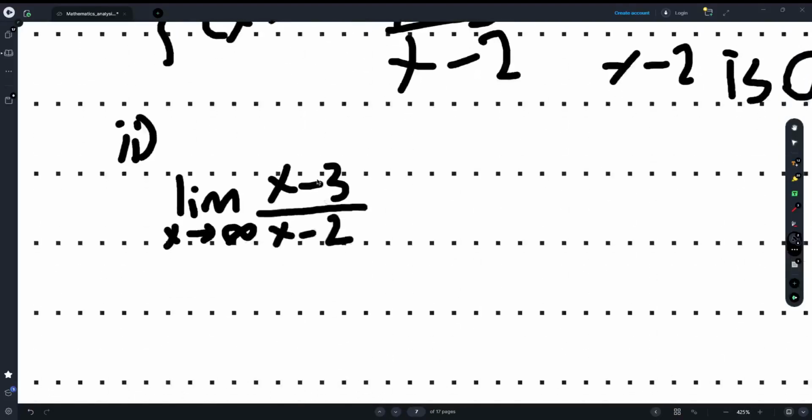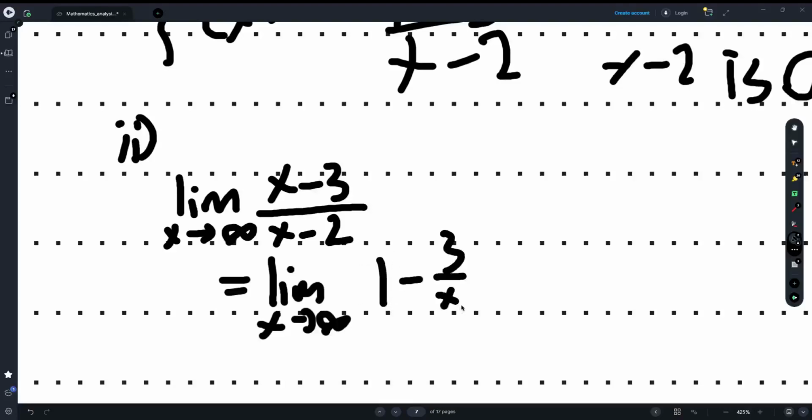You can apply L'Hopital's rule to solve this limit, but a simpler way is just to divide everything by x. So we get the limit as x goes to infinity of 1 minus 3 over x, over 1 minus 2 over x. As x goes to infinity, 3 over x and 2 over x tend to 0, so we just get 1.